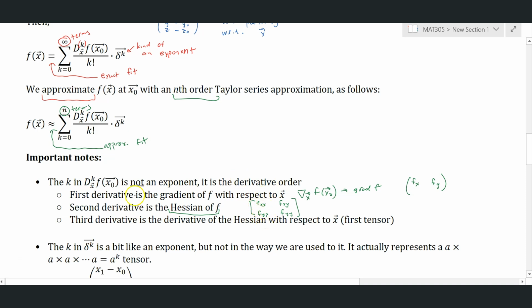And the third derivative is the derivative of the Hessian with respect to x. Well, how do you do that?